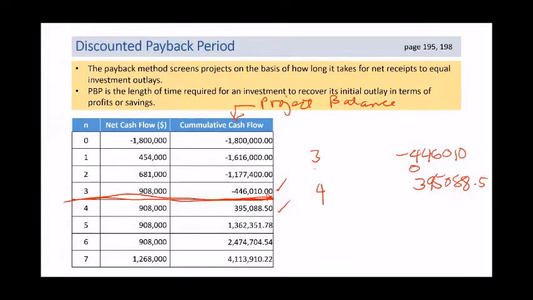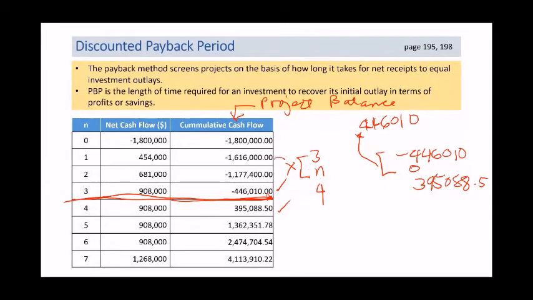But we do not know what that is, so we just put n. By ratio and proportion, the distance between 3 and n is x. We also get the difference between this part, which is 0 minus negative 446,010. That will become positive 446,010.